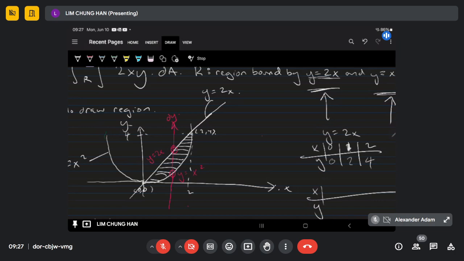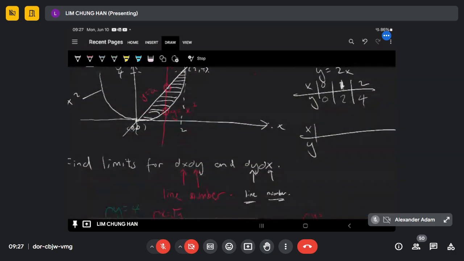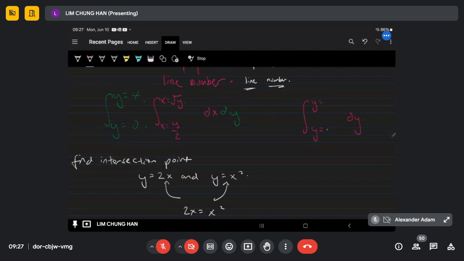Now with this example, you see whether I do dx or dy first, I always have only one set of limits. It's not like the previous example. x squared to 2x.